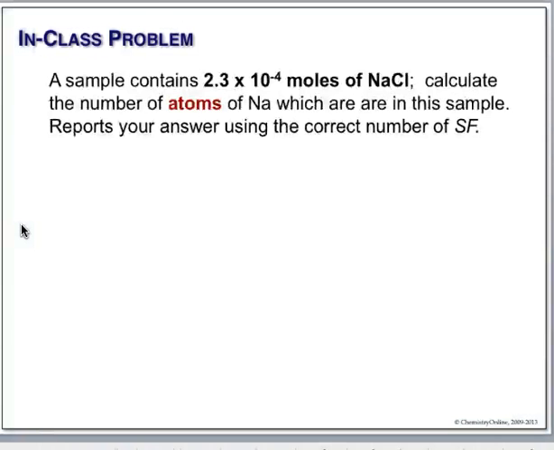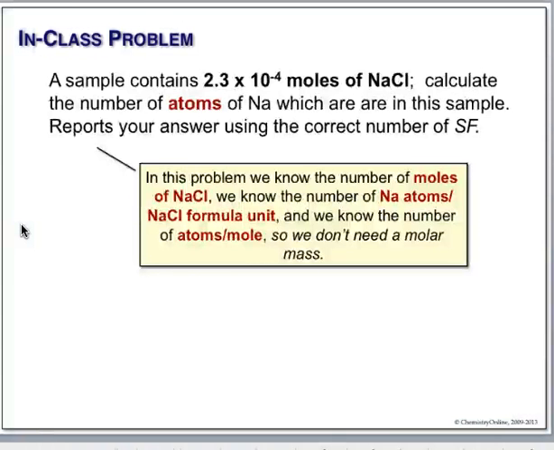Now, this really isn't difficult for 5 points. We know how many moles we have. We know how many atoms there are in every mole. And we know the mole ratio, that's how many sodiums per sodium chloride. All we have to do is string together those 3 ratios.